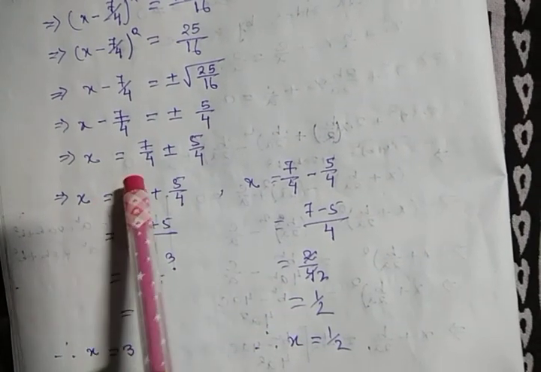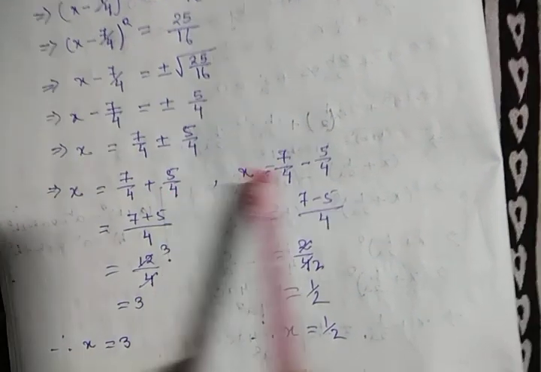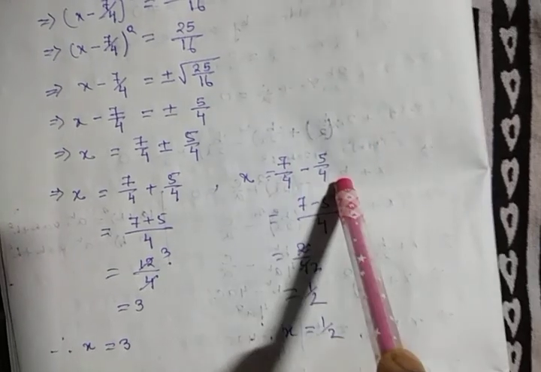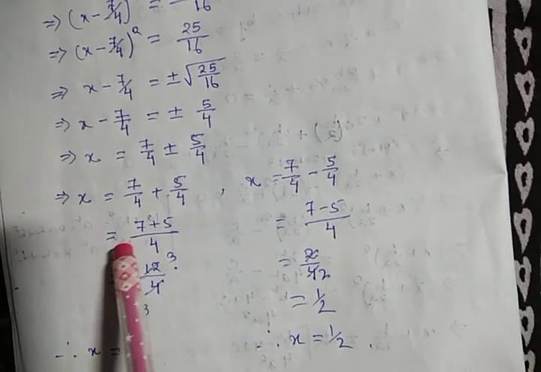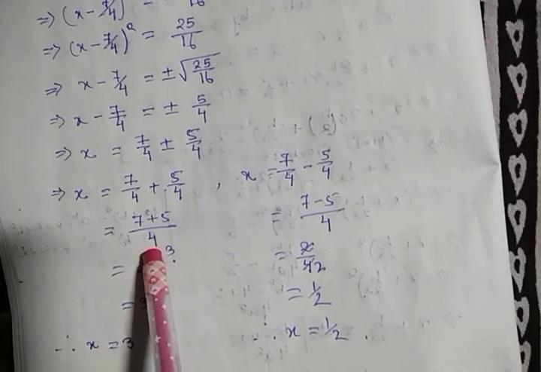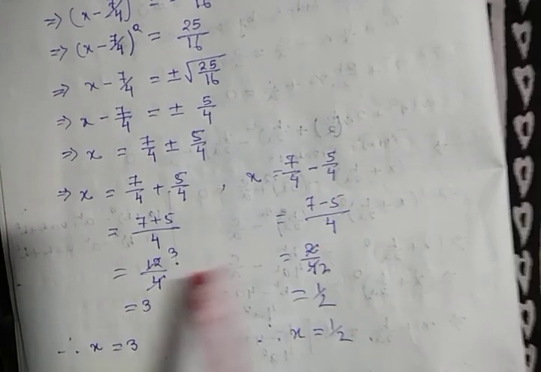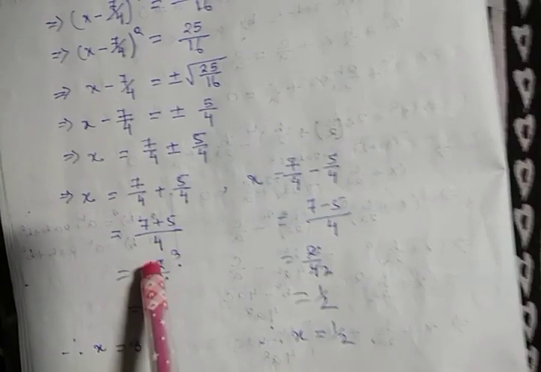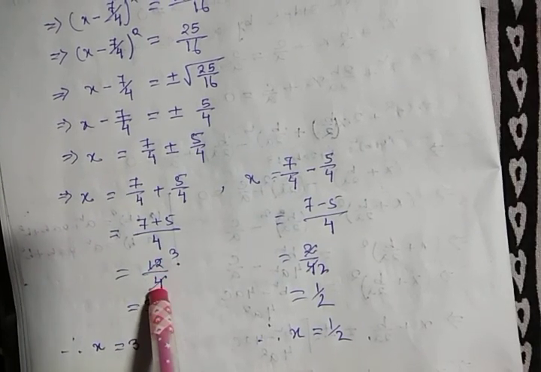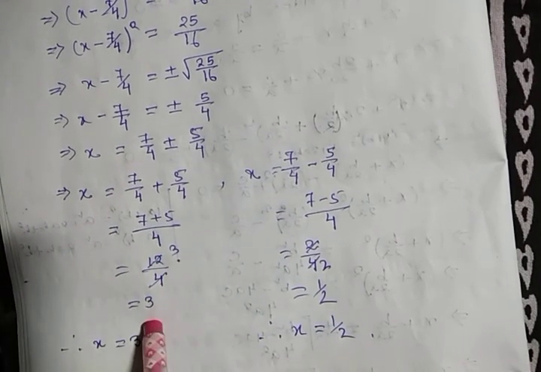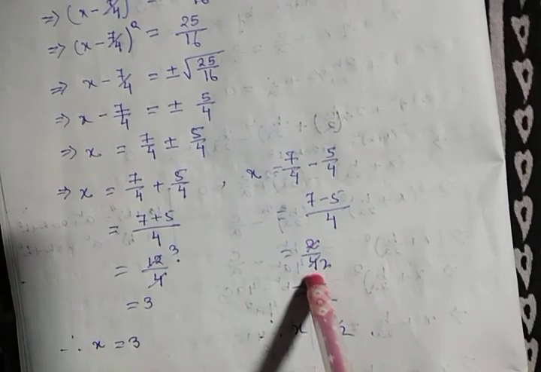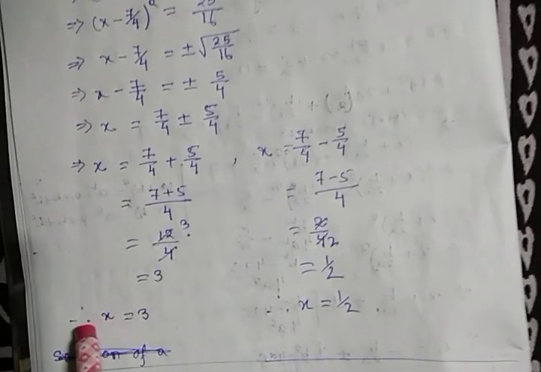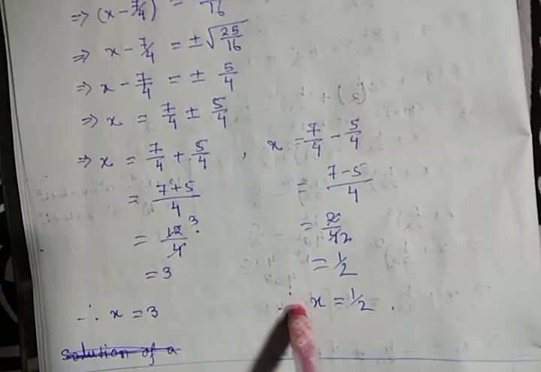Now we will calculate. After calculation, 7 plus 5 by 4 and 7 minus 5 by 4. So it will be 12 by 4. If we divide by 4, 4 3s are 12, so 3, and 2 by 4, 2 2s are 4, so 1 by 2. So this implies x equal to 3 and x equal to half.